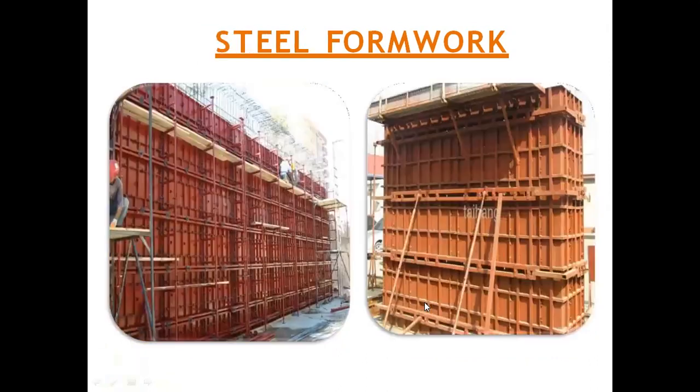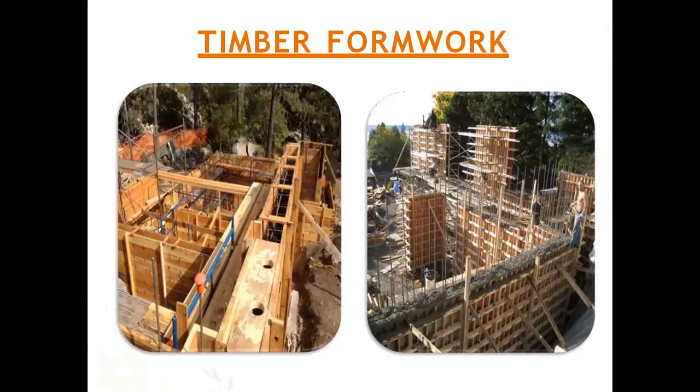So these are the steel formwork. And this is the timber formwork, which must be water resistant and must bear the material, the dead load and the live load present on the formwork, and also its own weight.